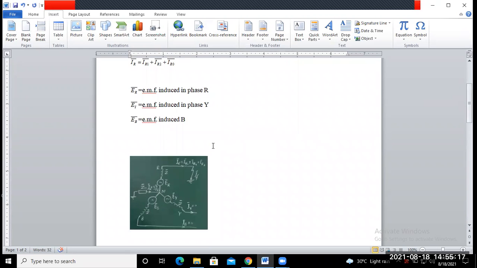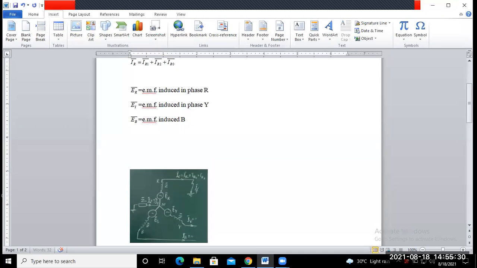Now the fault takes place in phase R. At this point, suppose the fault current is represented by IF. In the schematic diagram, IF represents the fault current.